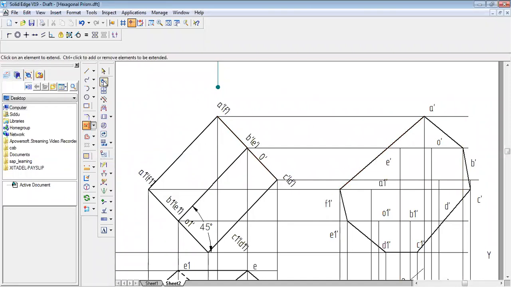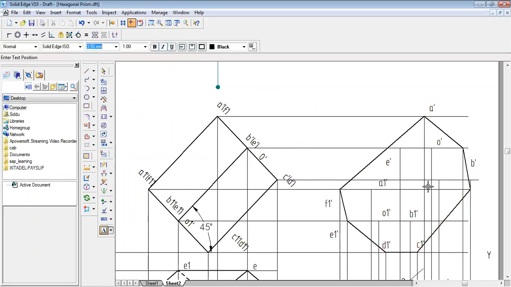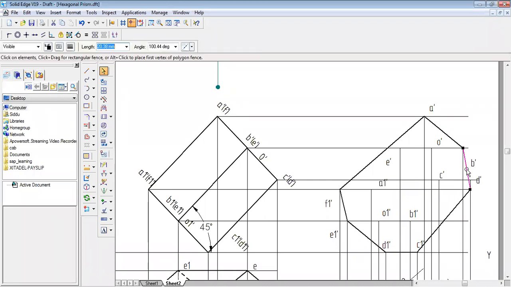C and D, this is your C dash actually, and this is your D dash. If that is the case, this will be wrong and this will be wrong.